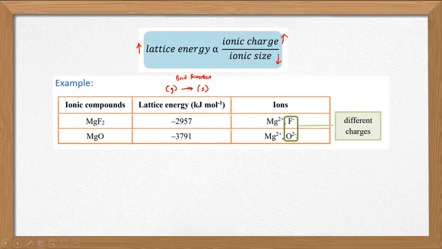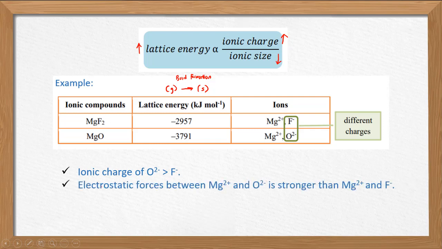If the charges are different, we will compare the charges first. The ionic charge of the oxide ion is greater than the fluoride ion: O2- is greater than F-. Therefore, the electrostatic forces between Mg2+ and O2- are stronger than those between the magnesium ion and the fluoride ion.